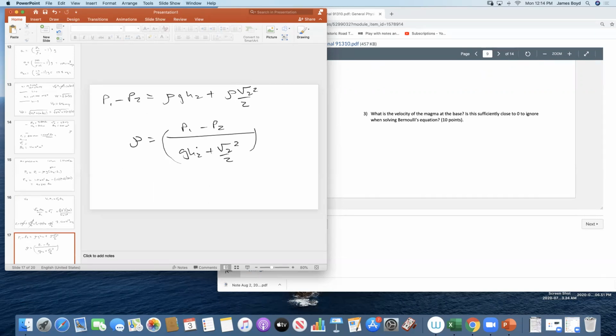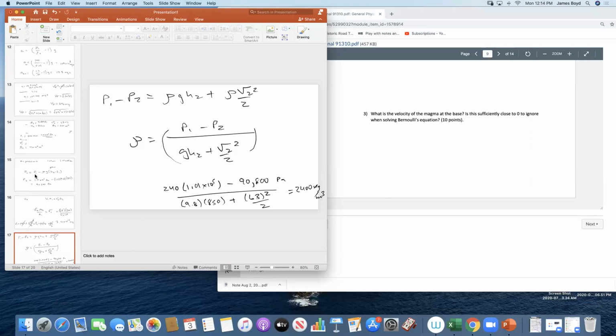And plugging these numbers in, P1 was 240 atmospheres, so 240 times 1.01 times 10 to the 5th pascals per atmosphere, minus 90,800 pascals, over 9.8 times 850 plus 63 squared over 2. And this is going to give you something like 2,400 kilograms per meter cubed. Okay.